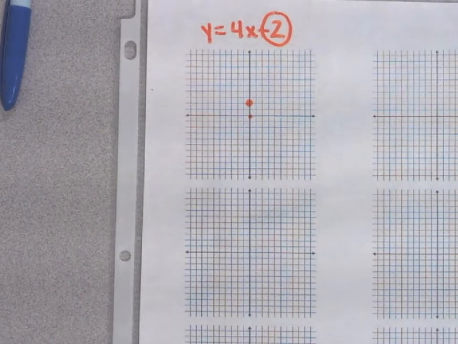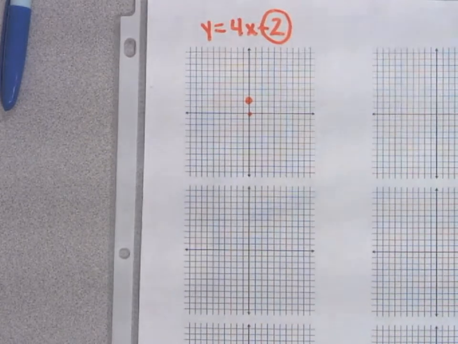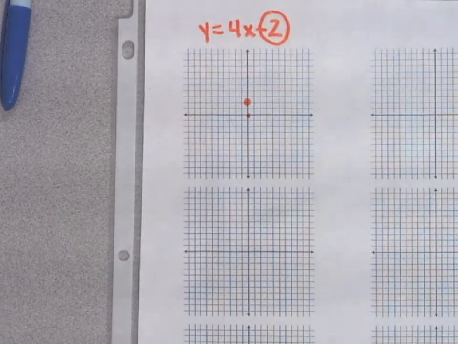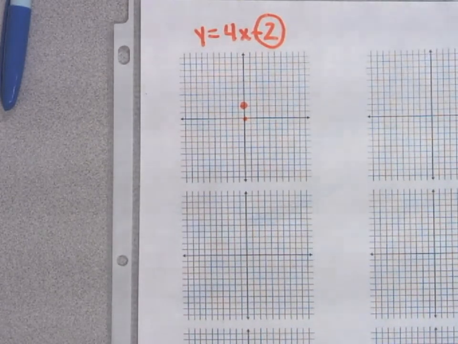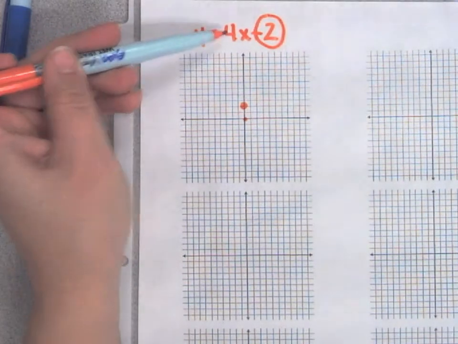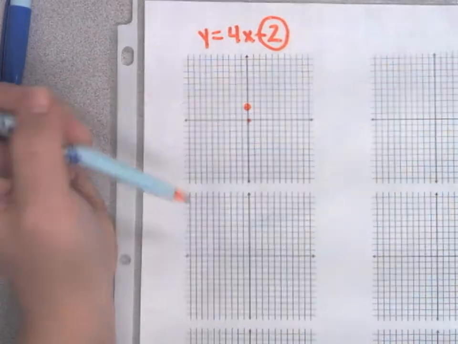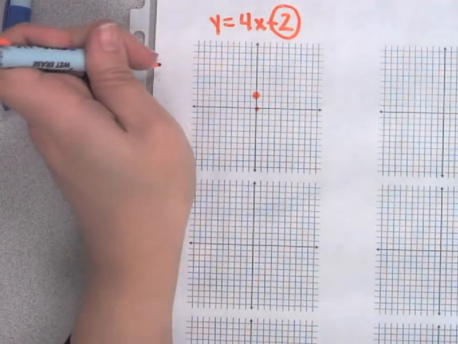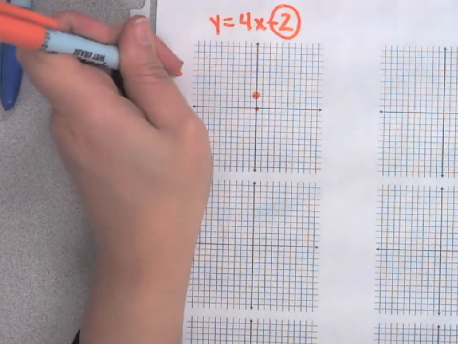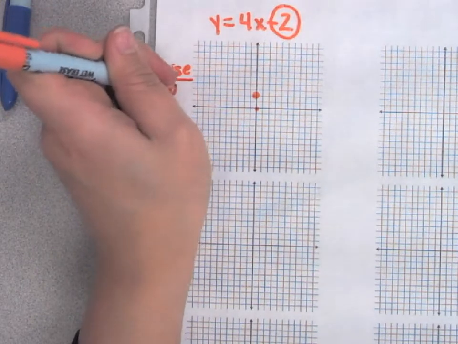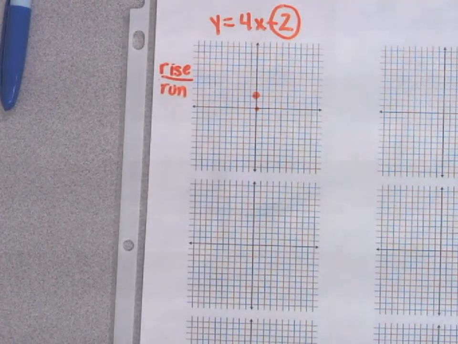Then we use the slope. Remember yesterday when we talked about slope, I said we should always talk about slopes in fraction form. What is 4 as a fraction? 4 over 1. And remember we talked about these words? Rise over run.